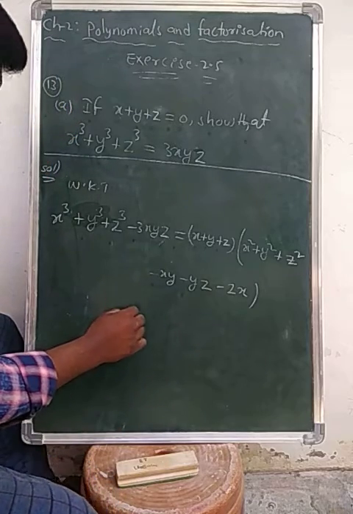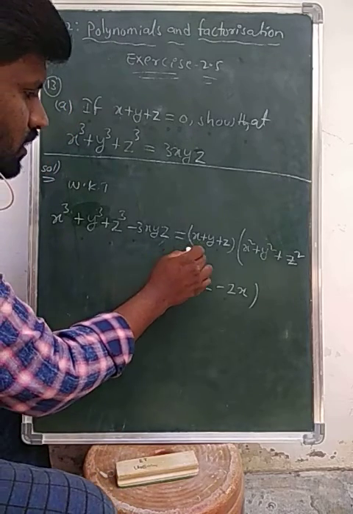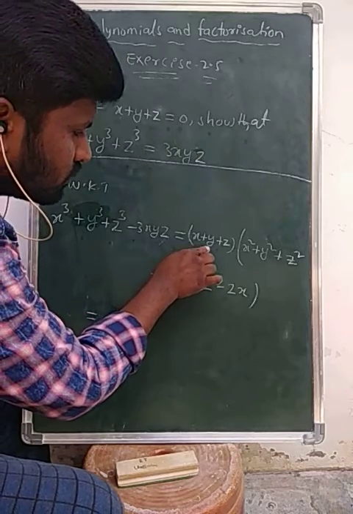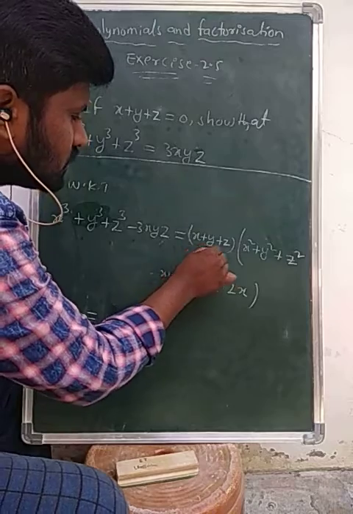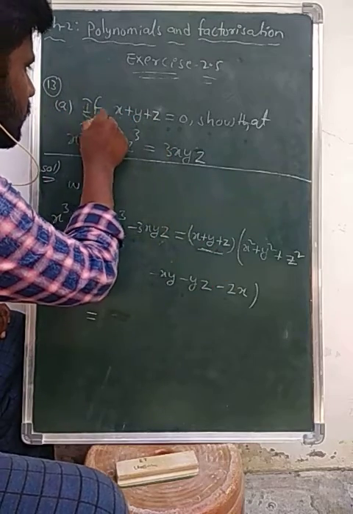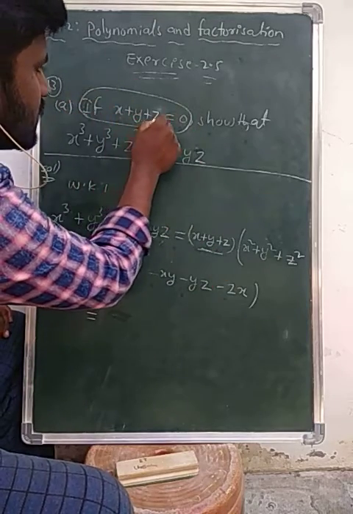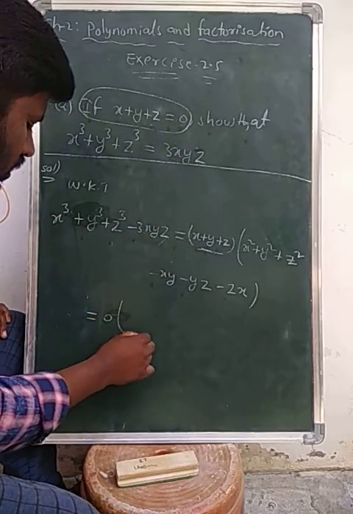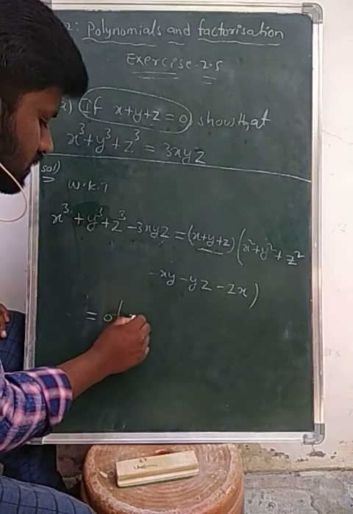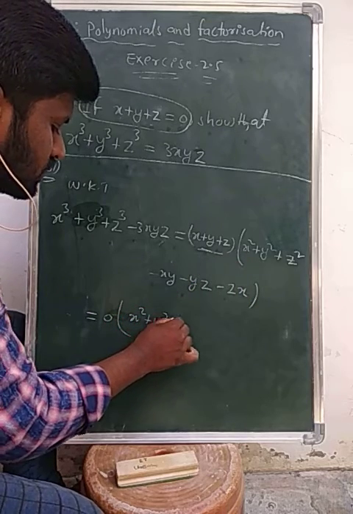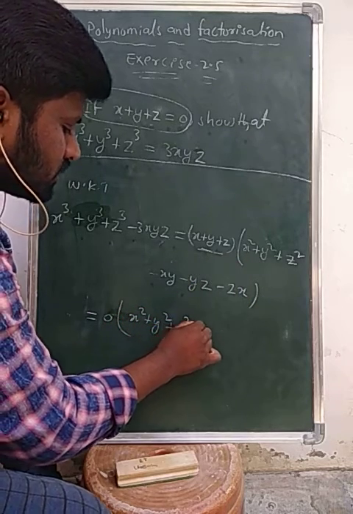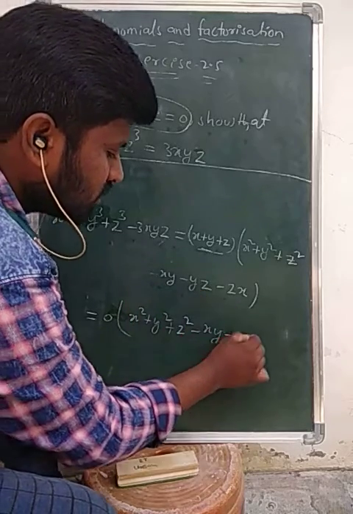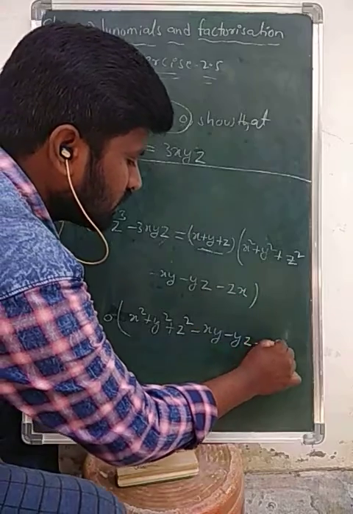Okay, now what I am doing here, what is the RHS part? The RHS part is x plus y plus z of something. So if, by the given data, x plus y plus z is equal to 0, then we write 0 of x square plus y square plus z square minus xy minus yz minus zx.